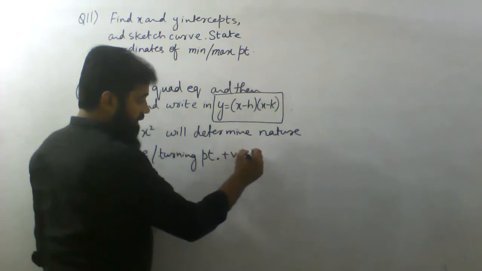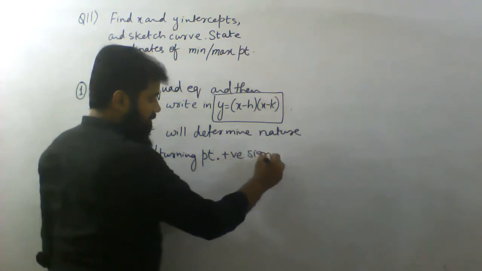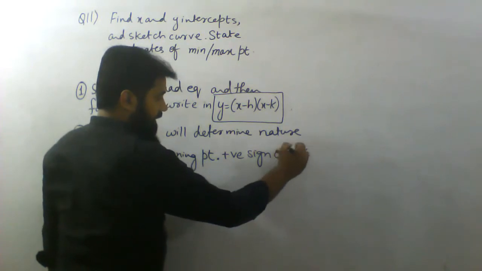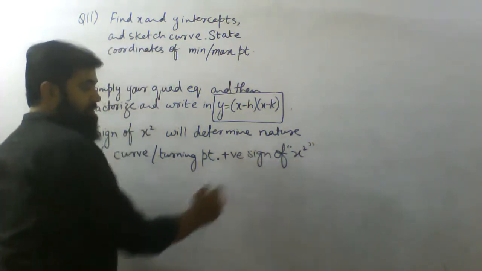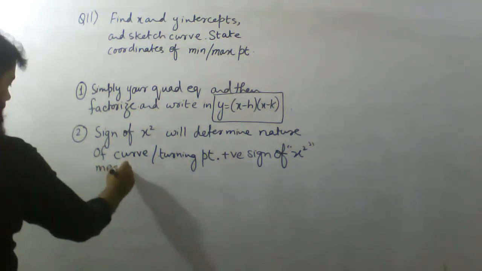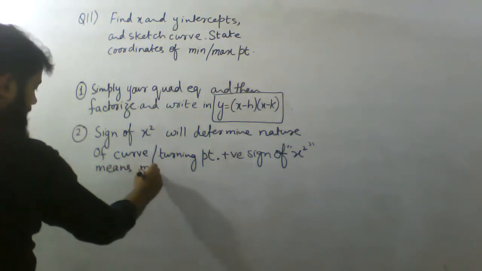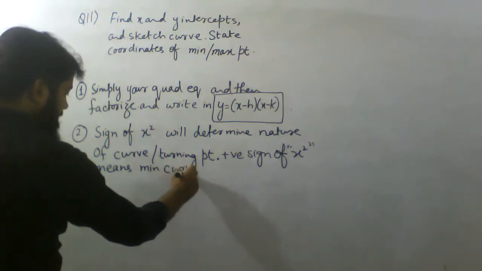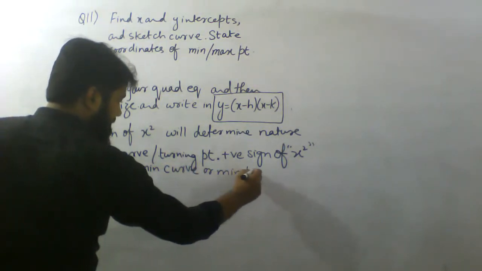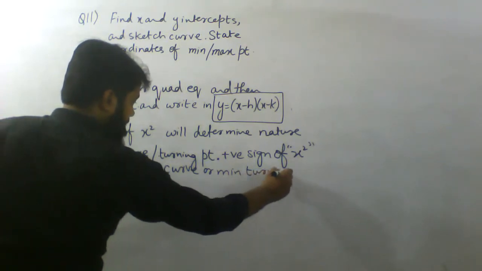Positive sign of x square: if x square is having a positive sign, then it means we are having a minimum curve or minimum turning point.